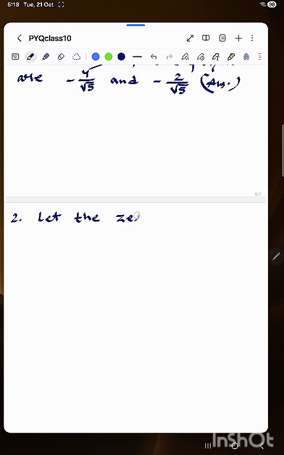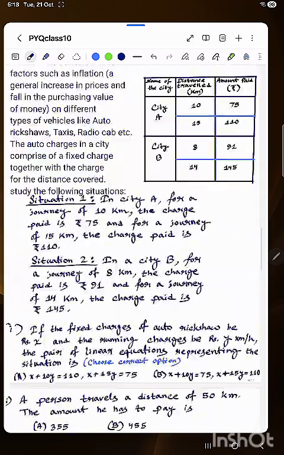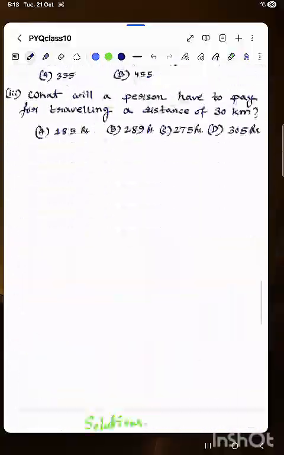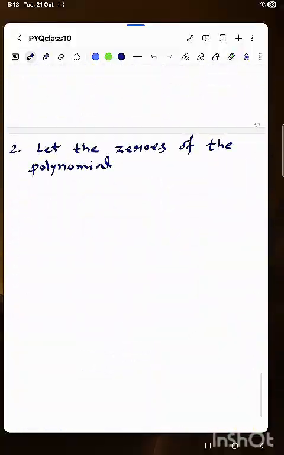First you have to let the zeros of the polynomial f(x) equal to ax square plus bx plus c be alpha and beta.